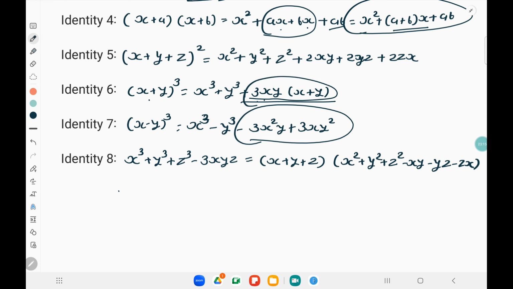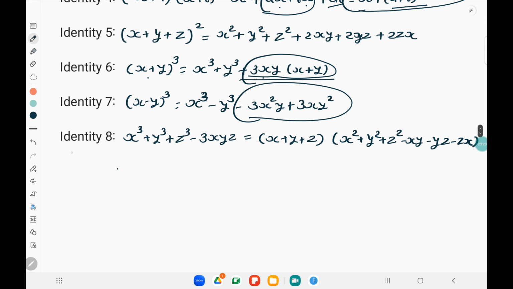If you want to expand, you can expand the bracket. And last identity 8, x cube plus y cube plus z cube minus 3xyz equal to x plus y plus z in a bracket x square plus y square plus z square minus xy minus yz minus zx.